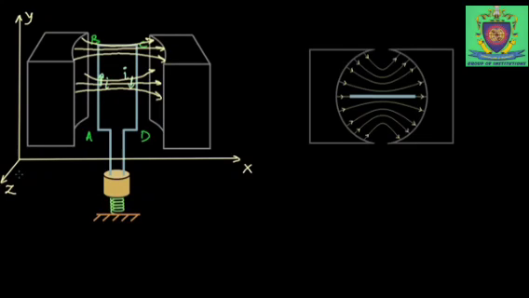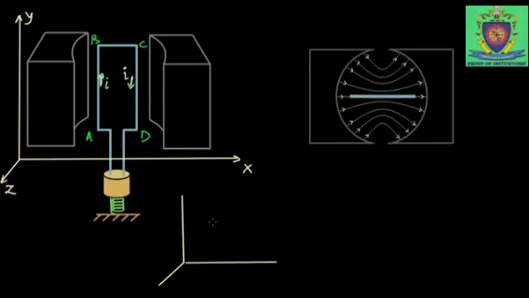If you want, you can pause it and check it out. See that your magnetic field covers your z and x plane. You can pause the video and check how the magnetic field covers your x and z plane, because it is a radial magnetic field. So now let us write in detail.